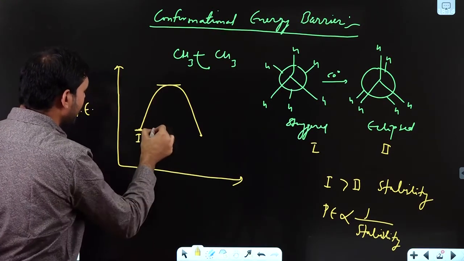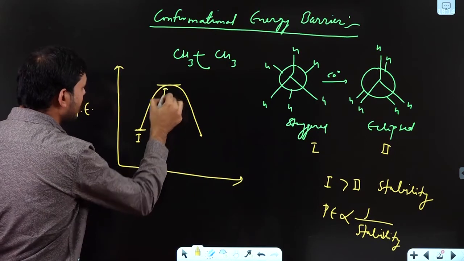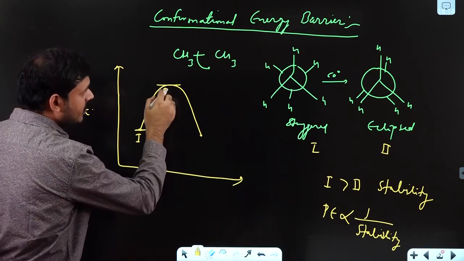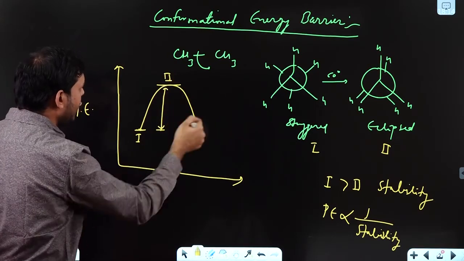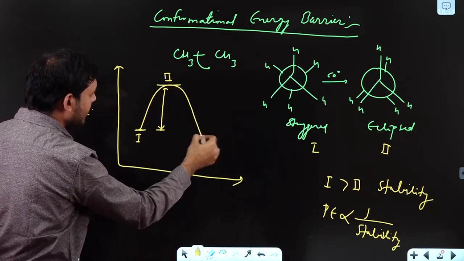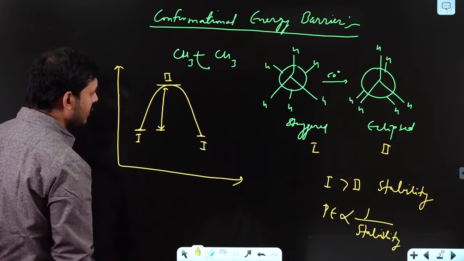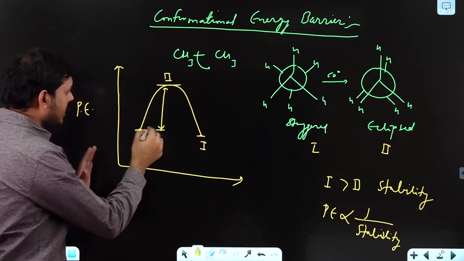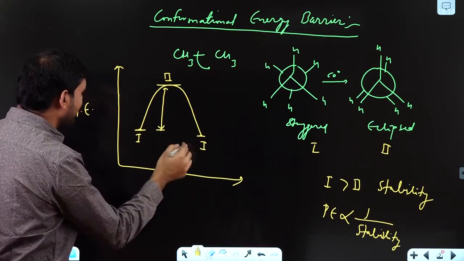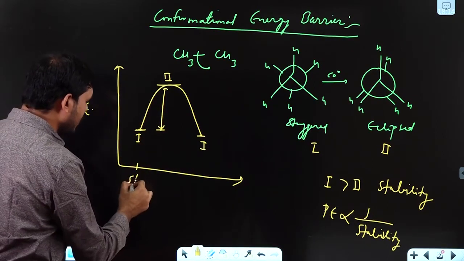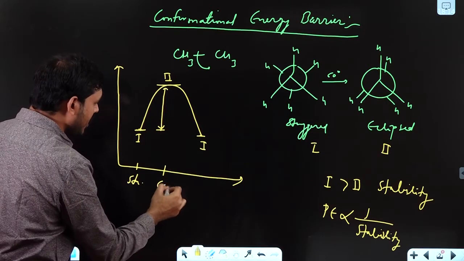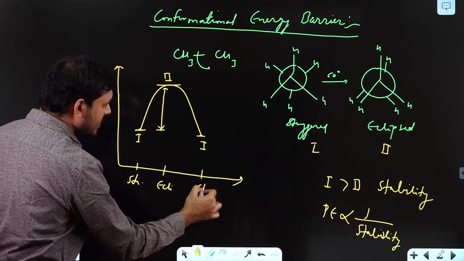Now when you apply this much amount of energy, then staggered will be converted into eclipsed form. On releasing this much energy, it is again converted to this form. So this is your rotational energy barrier from 1 to 2. This is your staggered, this is your eclipsed, and this is again staggered.